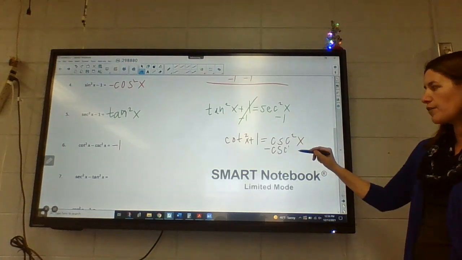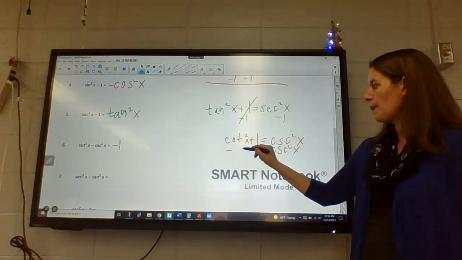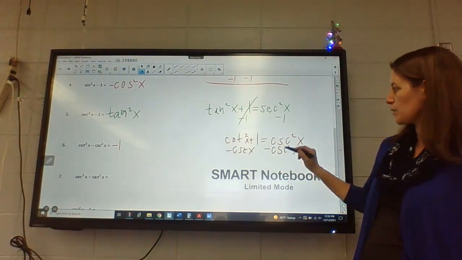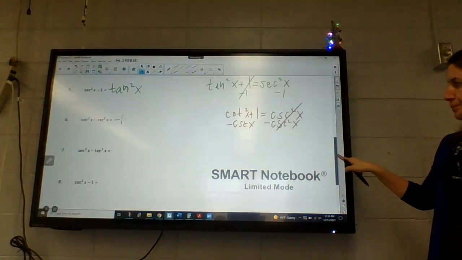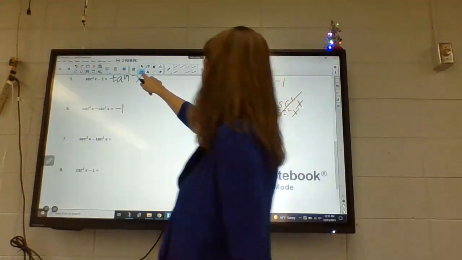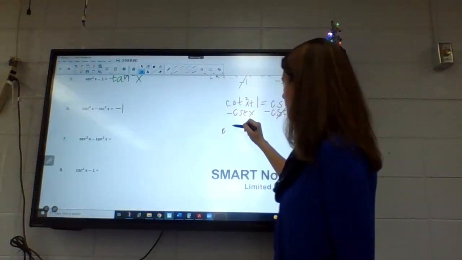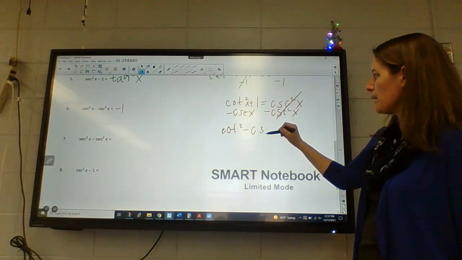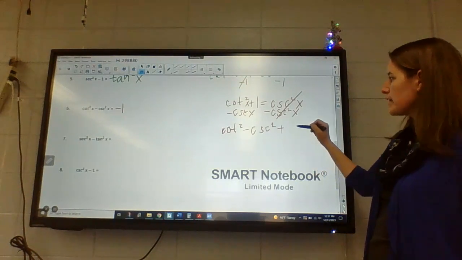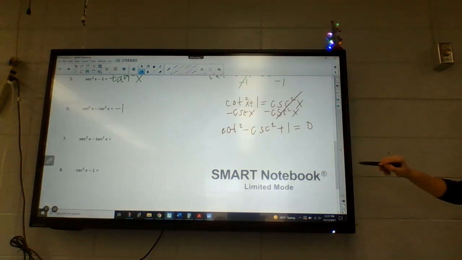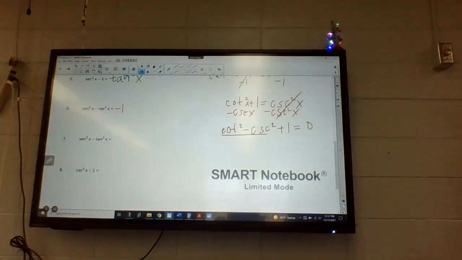If you didn't move this over first, that's okay. I just think it makes it a little bit more obvious of what we're up to here. So this is cotangent squared minus cosecant squared plus 1 equals 0. In order to get that isolated, I'd move that 1 over, so it'd be a negative 1.